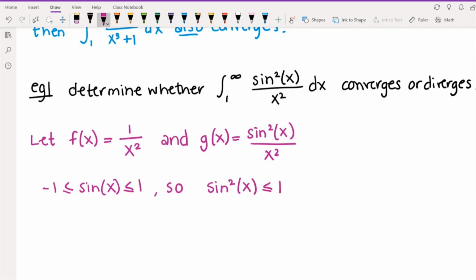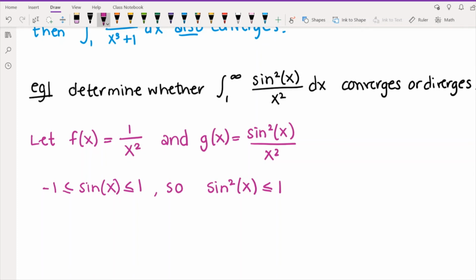Because if you take a number that's between -1 and 1, whether negative or positive, and square it, you're going to get a result that is less than or equal to 1. If you take 1/2 and square it, it gets smaller. Or if you take 1 and square it or -1 and square it, they're 1. And so you're never going to get a result, when you take sine of x and square the whole thing, that's bigger than 1.